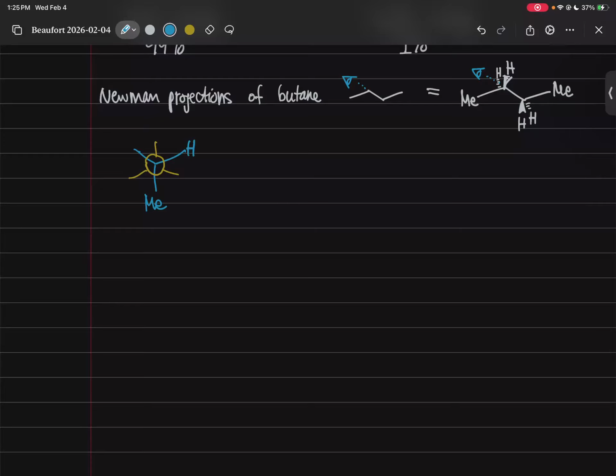So that's going to be there. And going backwards, in this case, to the left is another hydrogen. Okay, so that's that carbon there.